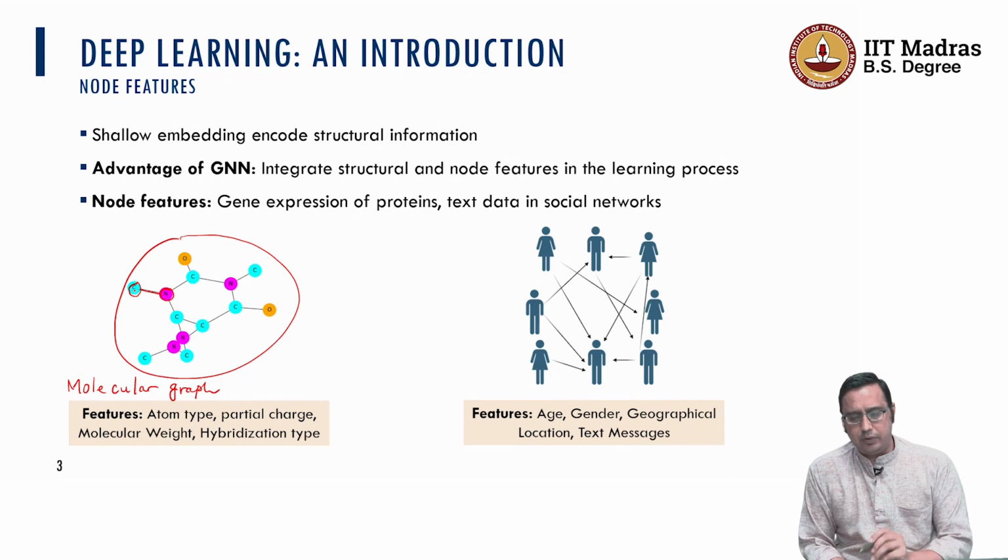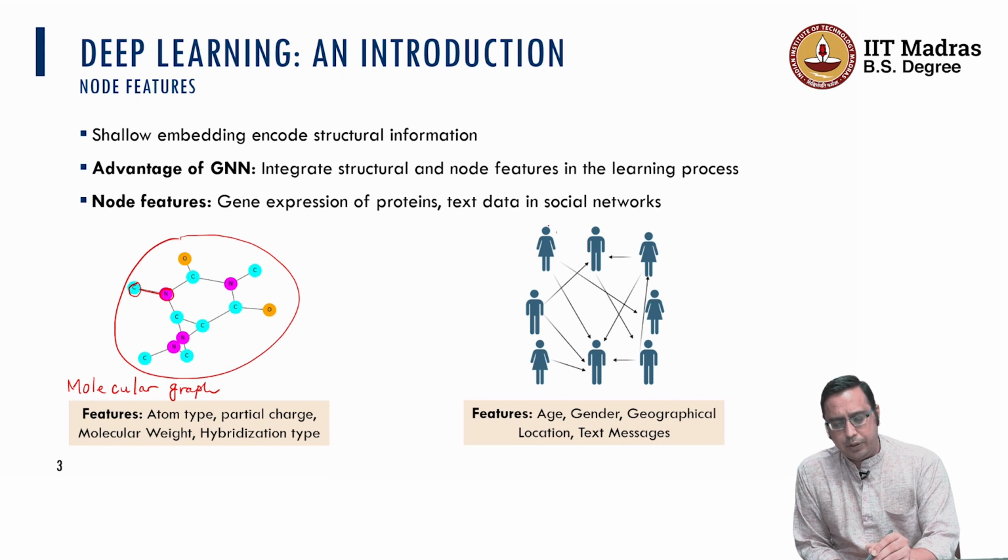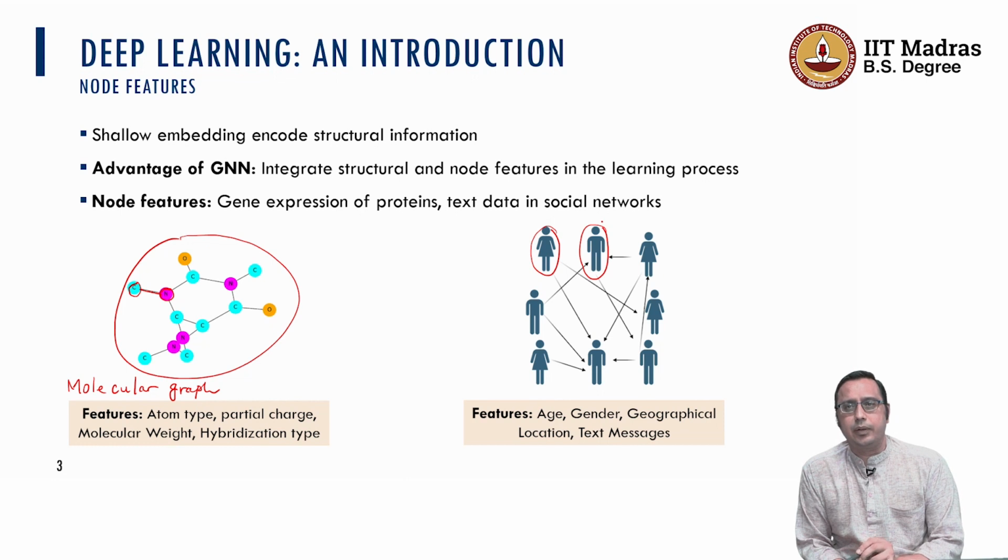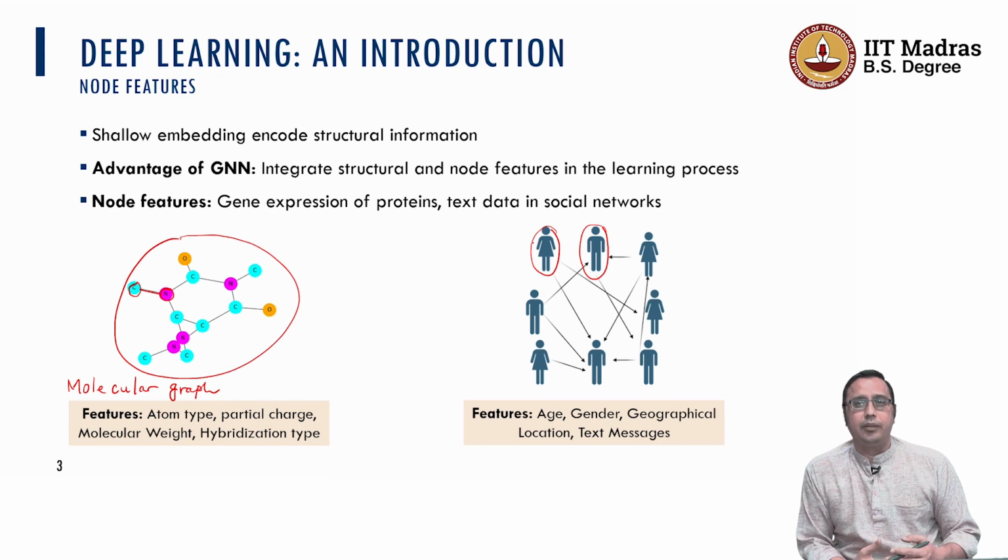Let's look at another example, a social media example. Here, each node is distinct, or each node has certain characteristics, for example, age, gender, geographical location, text messages they are exchanging with each other, and their interests in different kinds of hobbies, which provide certain features to that particular node or that individual.